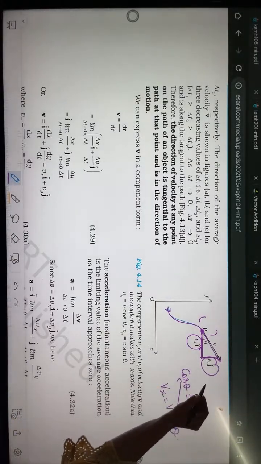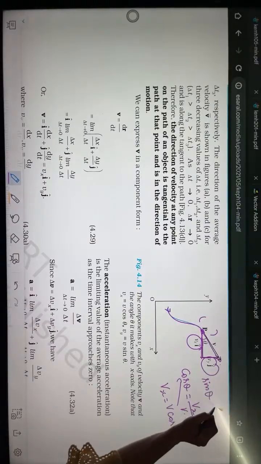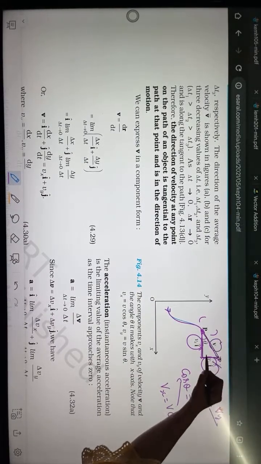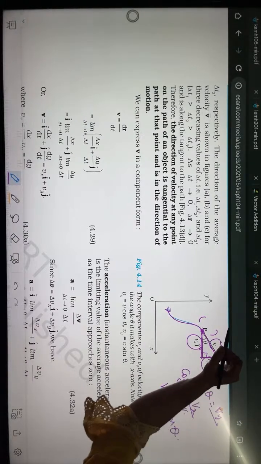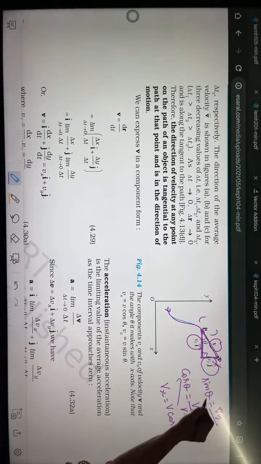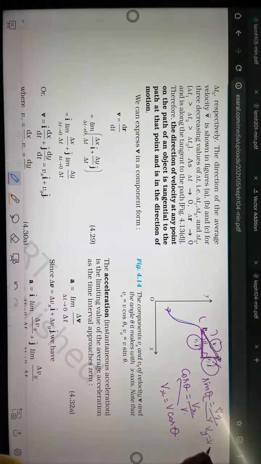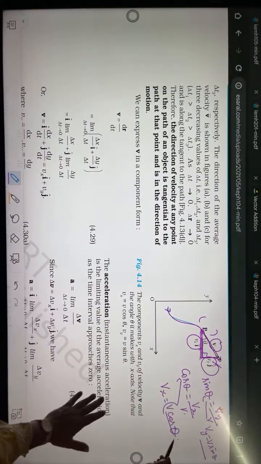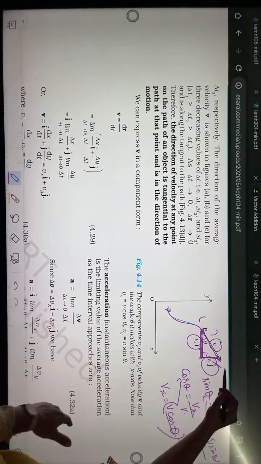What is sin theta here? Opposite by hypotenuse. Hypotenuse is the side opposite the 90 degrees, that is V. So Vy equal to V sin theta, right? These two are the components. So the magnitudes are V cos theta and V sin theta.